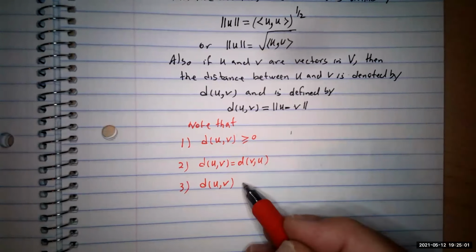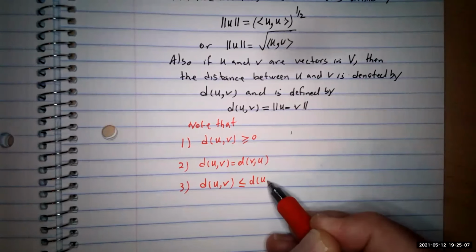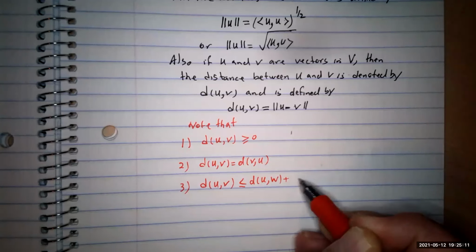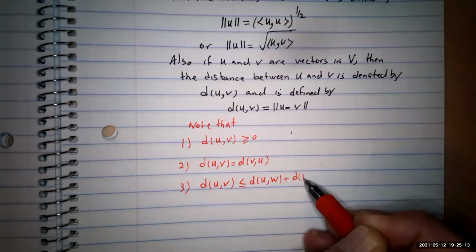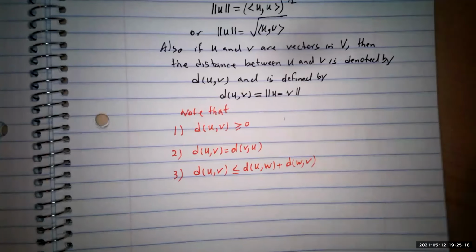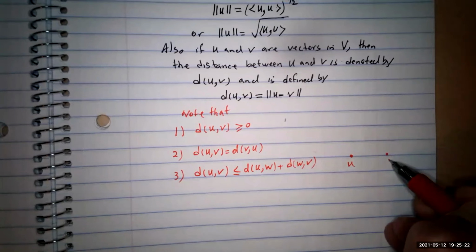If you stop somewhere like W, and then from W keep going to San Diego, the distance is going to be greater than or equal to it.